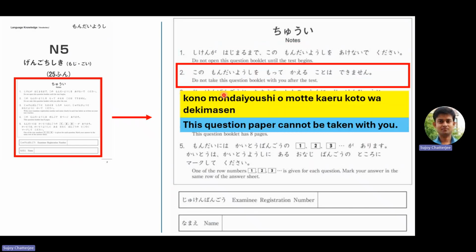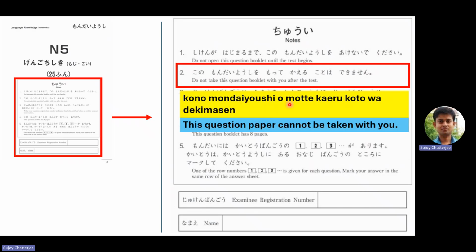Next instruction. Do not take this question booklet with you after the test. So again, kono mondai yoshi o motte kaeru koto wa dekimasen. Kono mondai yoshi, again, this question paper. Motte kaeru means taken with you, and koto wa dekimasen means cannot be taken.